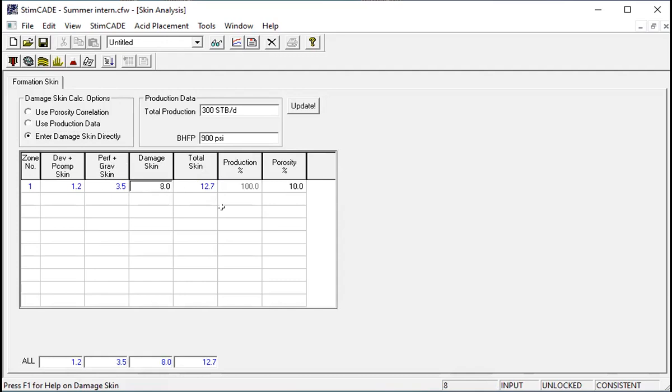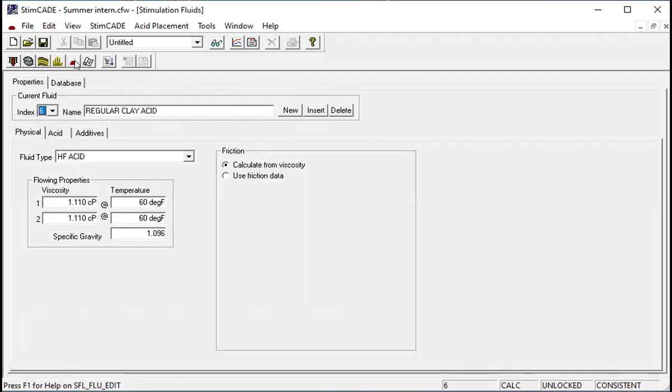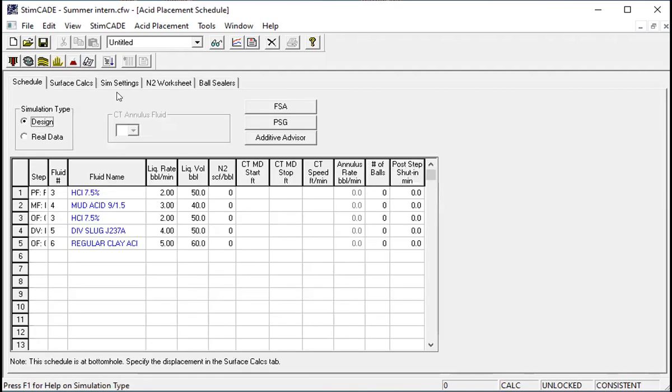If you don't understand this exactly, you can go back to our Prosper. We explain all of these skin damages there. If you want to add any other acid, you can add that. All right, so that's our schedule.